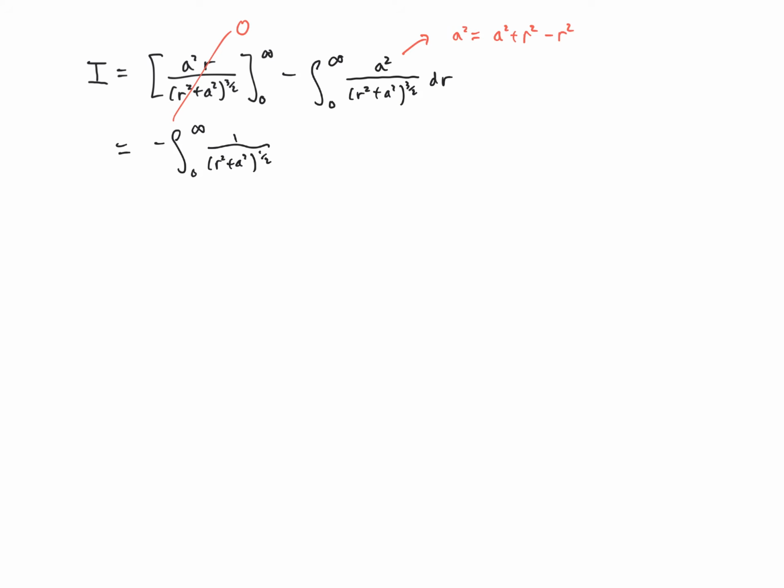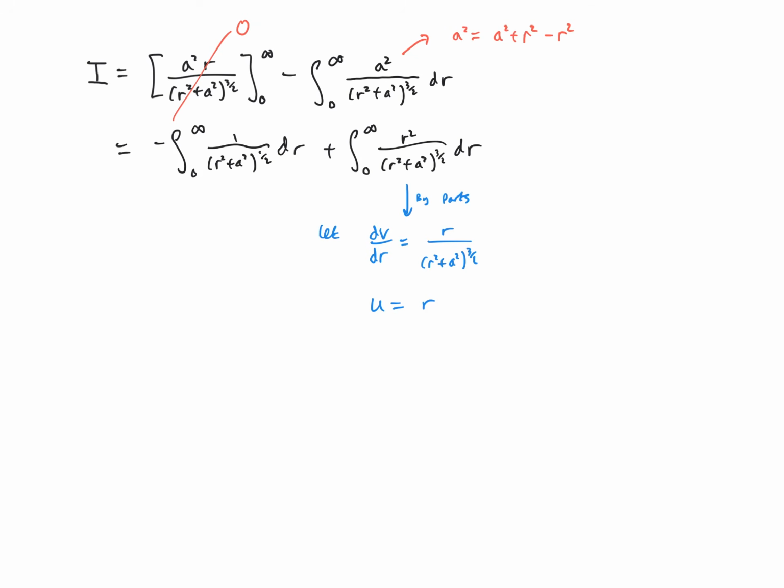Why? Because I've divided out the factor of r squared plus a squared. But that's not it. I have this counter term which I need to put back. And this is, again, something that we need to solve by parts.